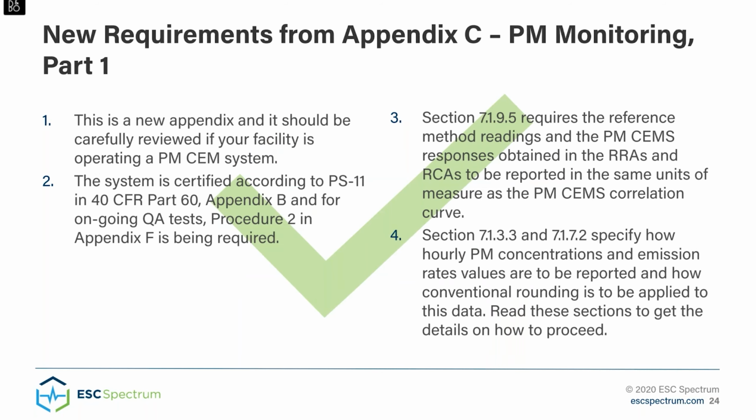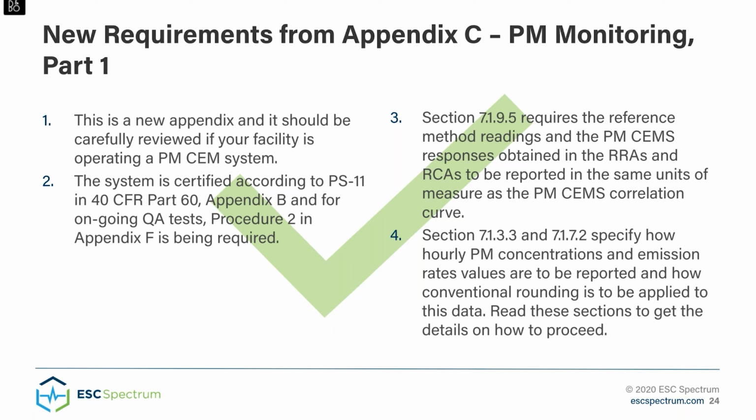Moving on, let's talk about Appendix C, which is for PM monitoring, and this relates to PM CEM systems. I would read the changes very carefully because it does depend upon what type of PM monitor you are using, whether it's a beta gauge or a light scattering device or other things related to that.